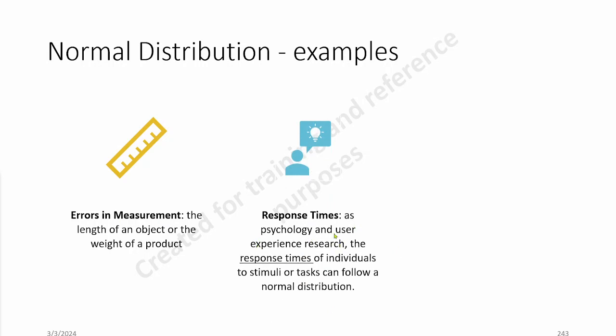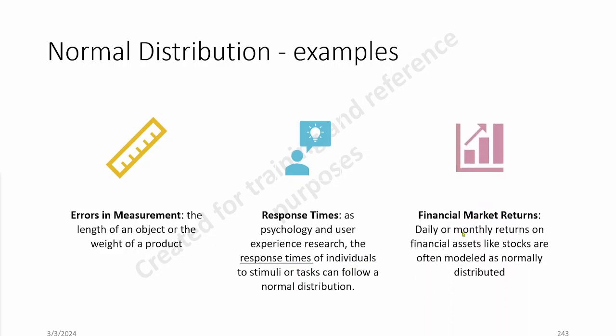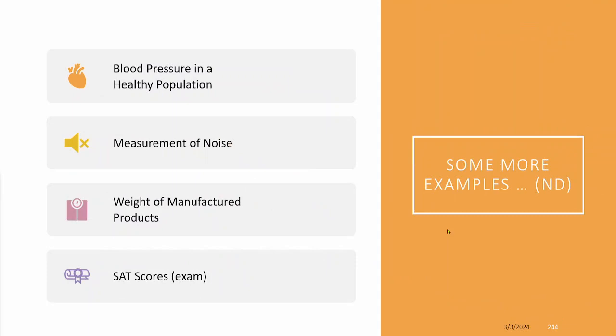Response time, in psychology and the BPO industry, or the service industries, there also the response time of individuals shows the normal distribution. Financial market returns also show normal distribution patterns.